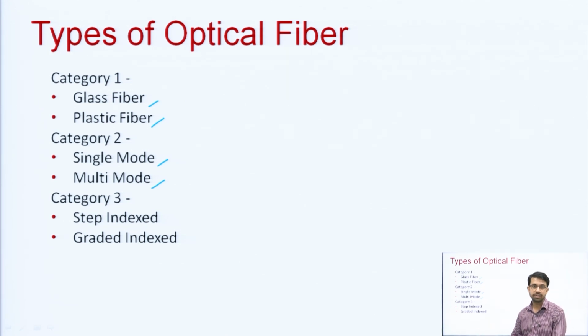We shall discuss in our next lecture what single mode optical fibers and multi-mode optical fibers are, which one is beneficial, and what the constructional difference between them is. And third is step index and graded index optical fiber.